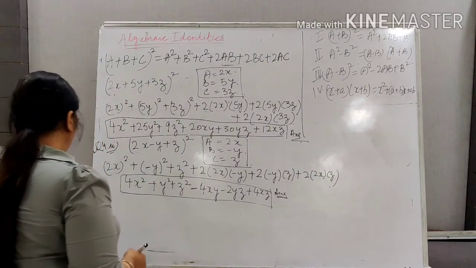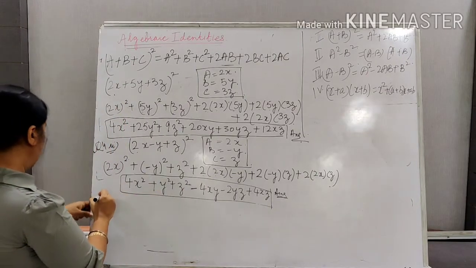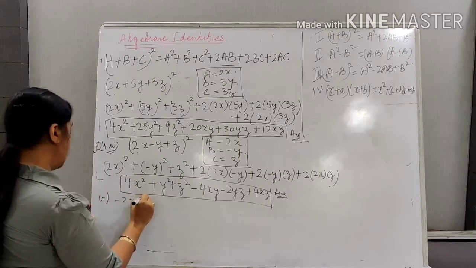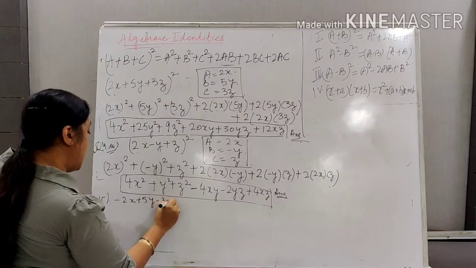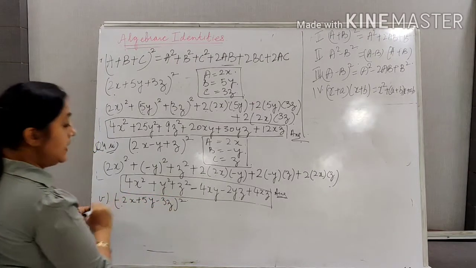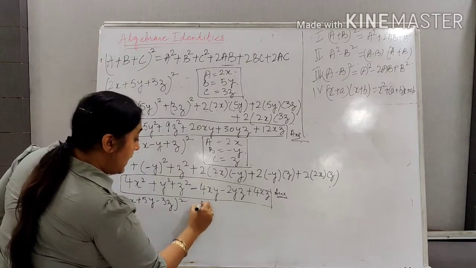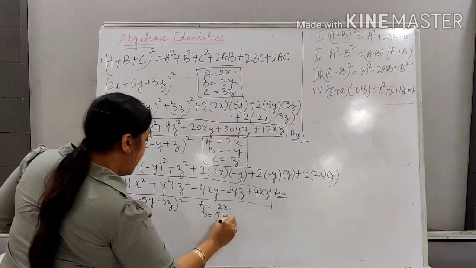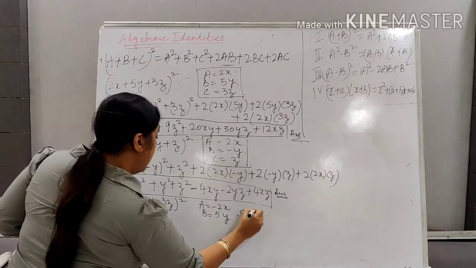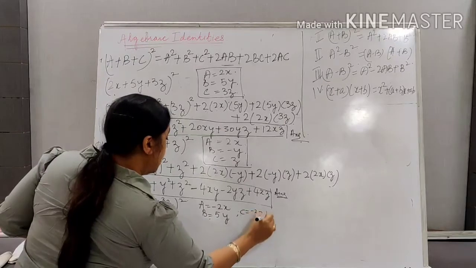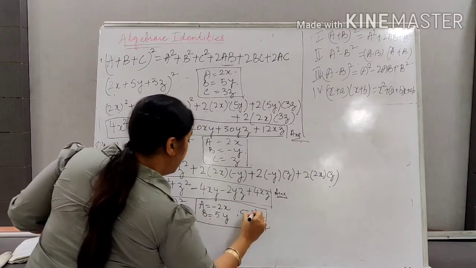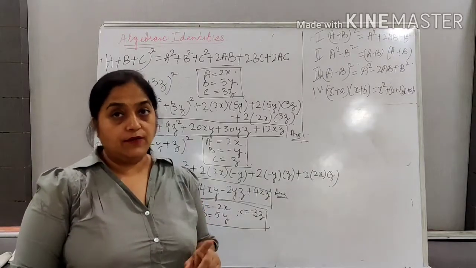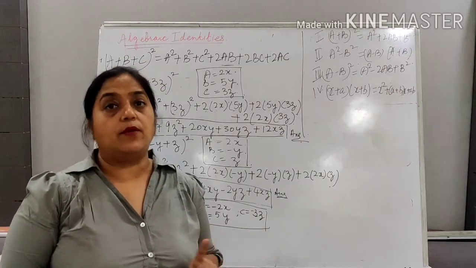Let us take another question. I am taking up question number 5. It is minus 2x plus 5y minus 3z whole square. Let us see again. Here my a is minus 2x, b is 5y, and c is minus 3z. So first of all, a square, b square, c square are positive.